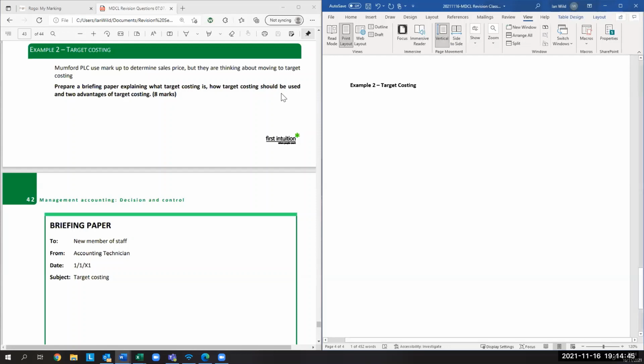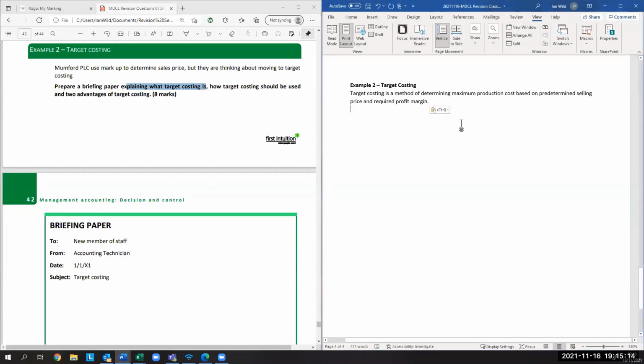So the first thing, prepare a briefing paper explaining what target costing is. We will put in exactly what target costing is. What we use it for is to work out the maximum costs we have available based on selling price and required profit margin. So we'll put this in technically.